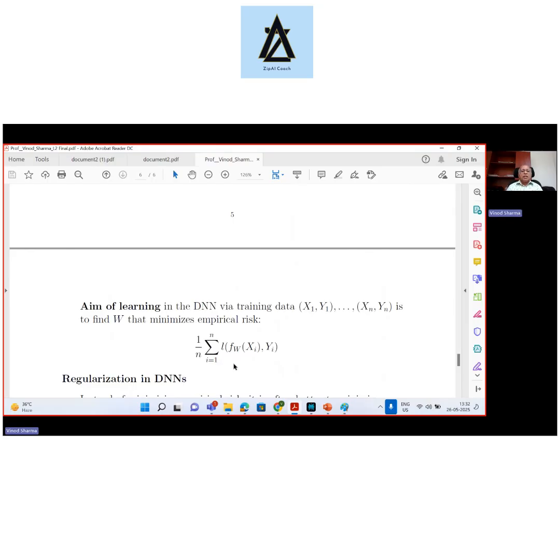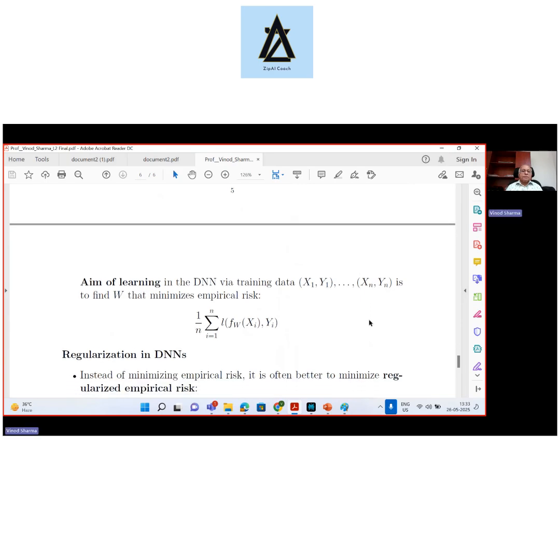This is called the empirical risk corresponding to W for this training data. So learning of DNN is actually an optimization problem in which we try to get the W which minimizes the loss function given here for a given training data.